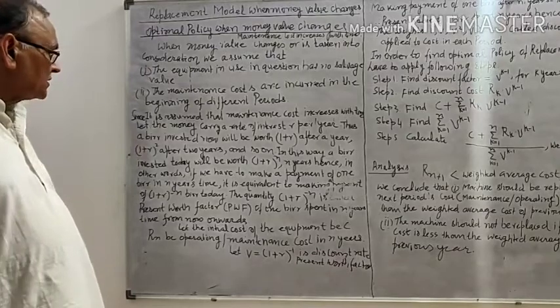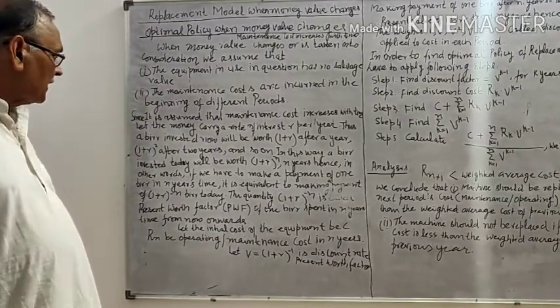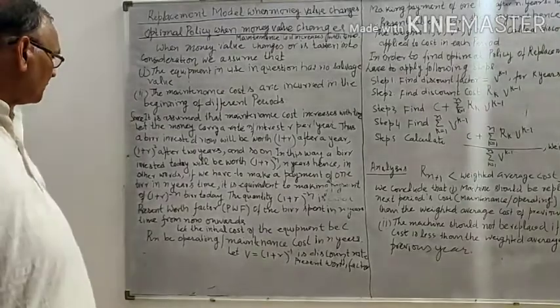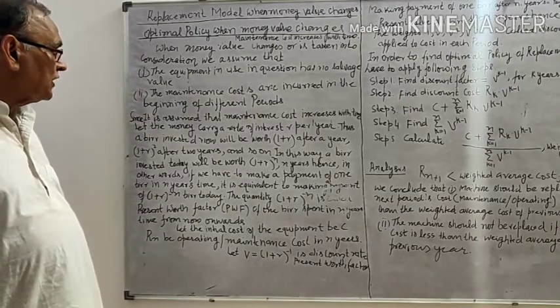In other words, if we have to make a payment of one rupee in n years' time, it is equivalent to making a payment of (1 plus R) to the power minus n rupees today.